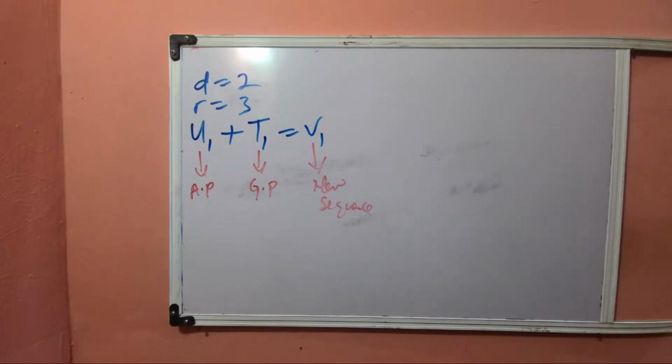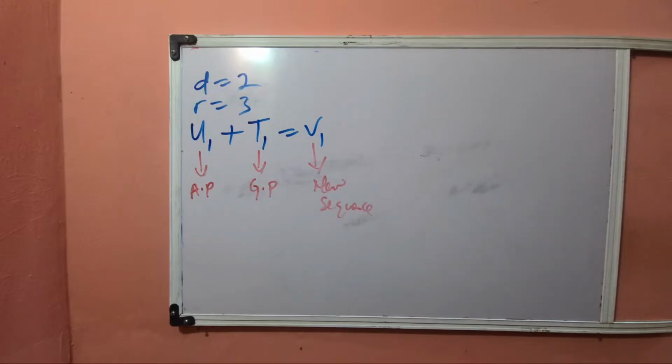It will give me the second term of the new sequence. If I wanted to find the fifth term of the new sequence, I'll get the fifth term of the AP with the fifth term of the GP. That's what's going to give me the fifth term of my new sequence.